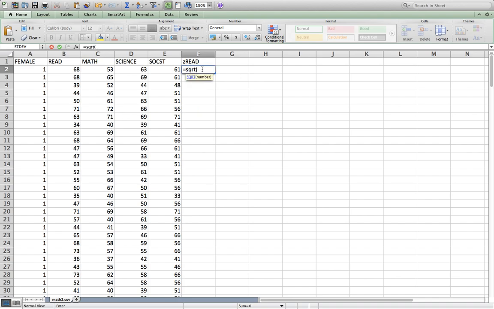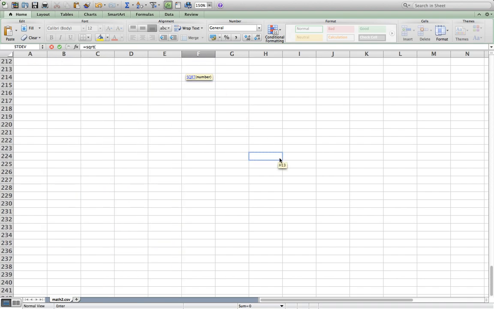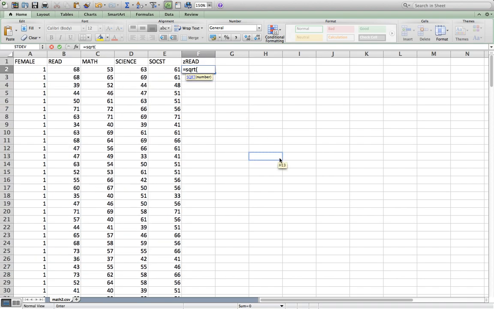of, let's see, our sample size here is 100, I'm pretty sure. Well, good thing I checked because it's not, it's 200. So I need to take the square root of 199. No, I don't. I need to take the quantity of 1 divided by the square root of 199 times my entry of 68. Well, let's just do read 68.